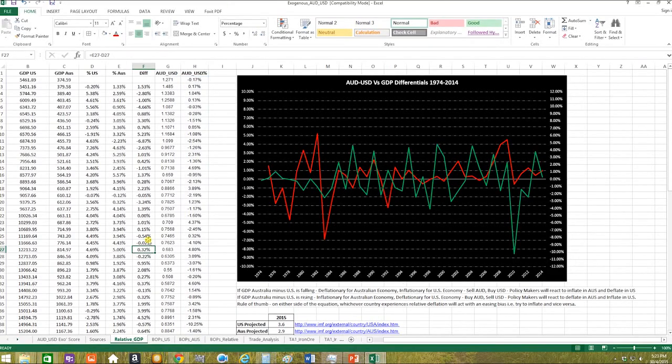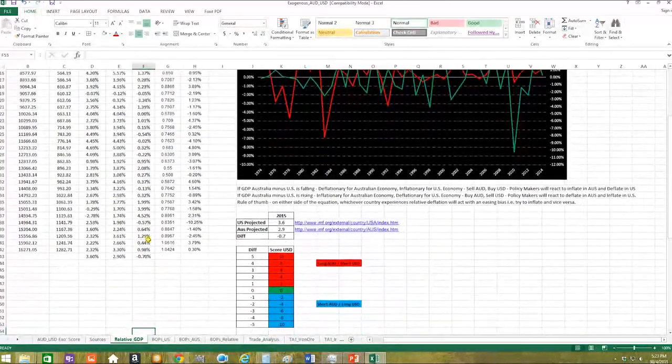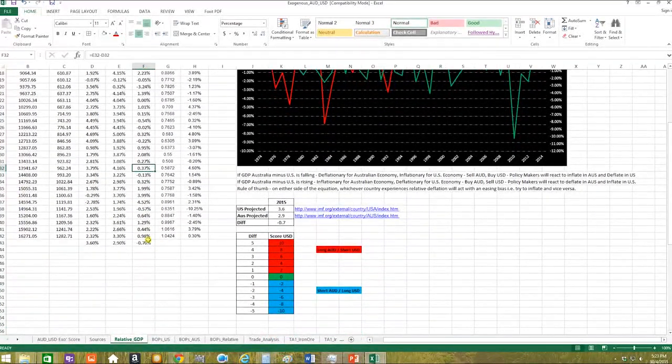And this is what we alluded to earlier when we were over at the presentation, that when GDP in Australia minus the United States, so the gap between Australian GDP and US GDP growth, is falling, this is basically deflationary on a relative basis for the Australian economy and inflationary for the US economy.